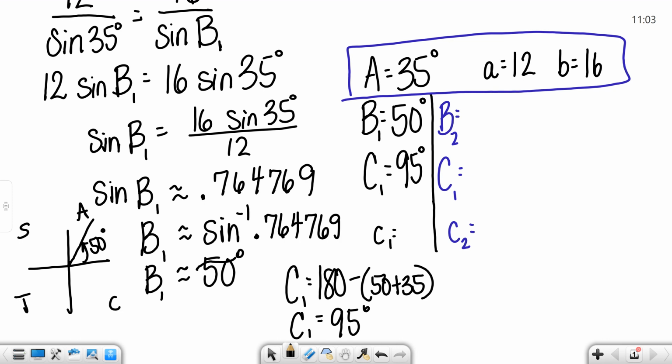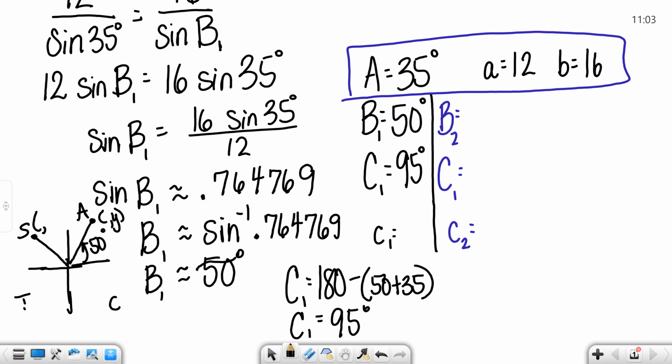The value of sine here, remember sine is our y value, is the same as the value of sine in quadrant 2.